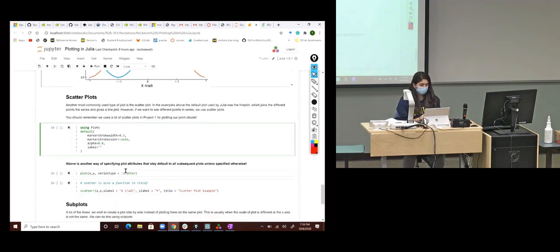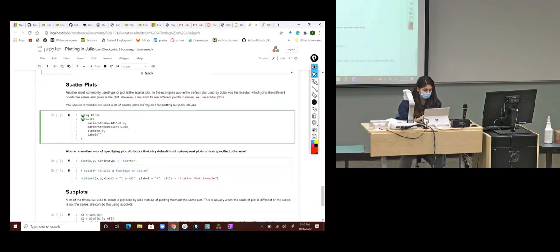And while we're at it, I want to show you a way of specifying default parameters. So when I'm using plots here, I say the default marker stroke width is something. When you're using scatter plots, you're going to put points, and those points are called markers. So you can specify the width of your markers and the color of your markers. I set it to auto, so it'll self-assign.